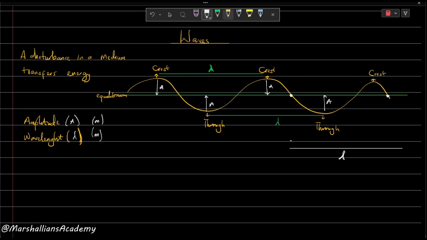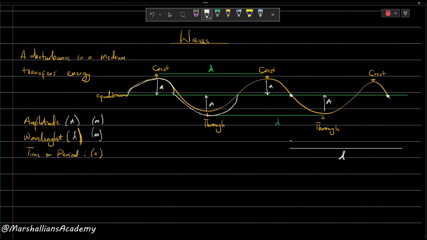Then we have something else called time or period. And what is a period? A period is the amount of time that it takes to complete one cycle of a wave. What is one cycle of a wave? One cycle of a wave is from the equilibrium point to the crest, back to the equilibrium point, then to the trough, and back to the equilibrium point.